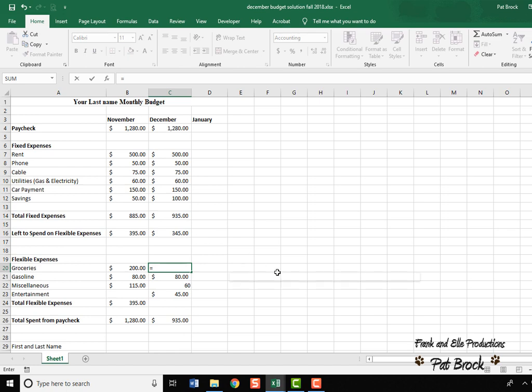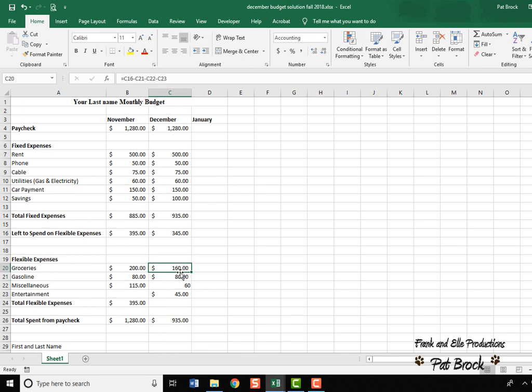So equal C16, and then I'll subtract because I've already spent $80 in gasoline, so that'd be C21 minus C22, what I've already spent on miscellaneous, minus C23, what I've spent on entertainment, and hit enter. And then I have $160 to spend.